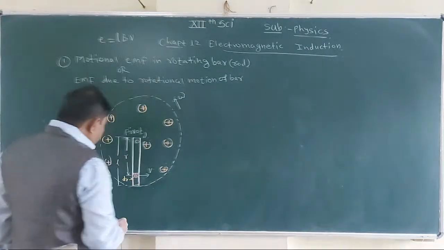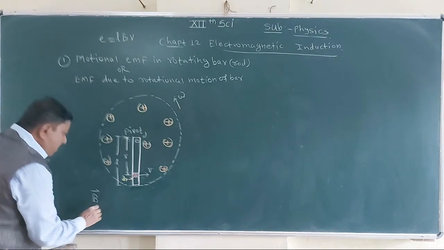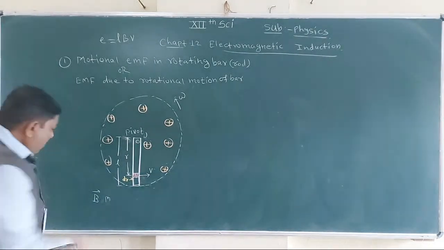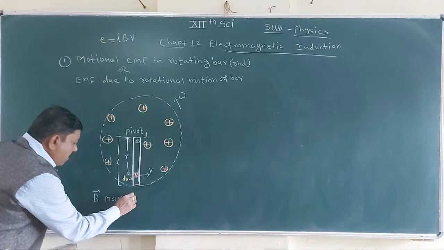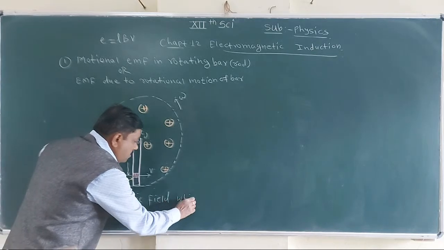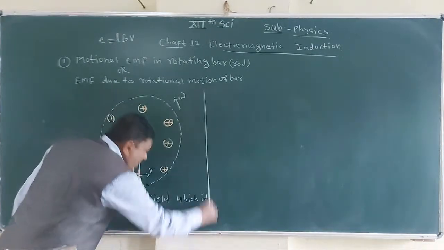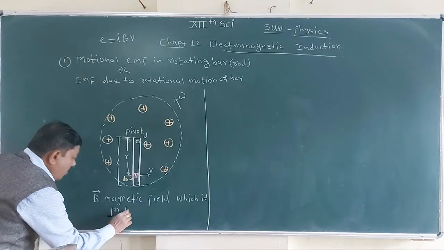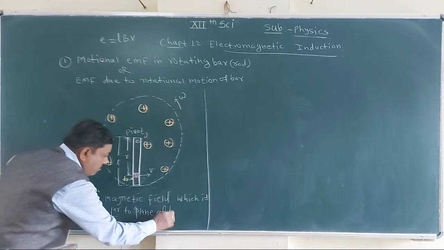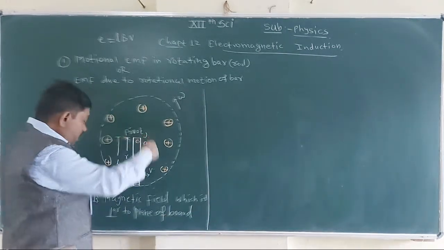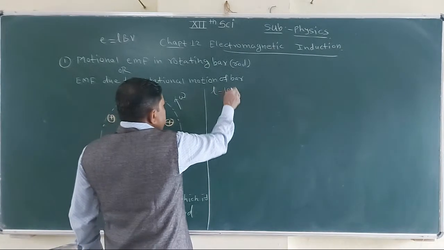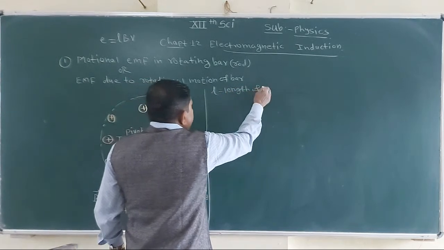B bar is the magnetic field, which is perpendicular to the plane of the board, and L is the length of the rod, or bar.